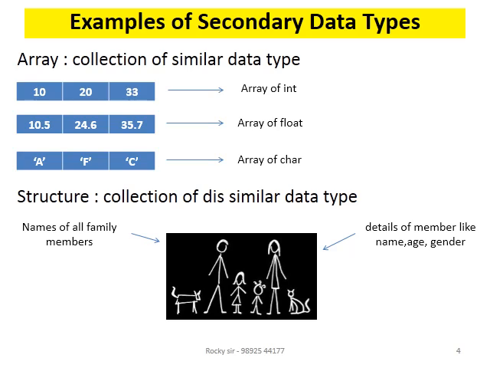The details of a single member: name of the person will be a set of characters, age will be an integer, gender would be a single character. Please notice you're trying to bring together different data types which can't be stored in a single array.